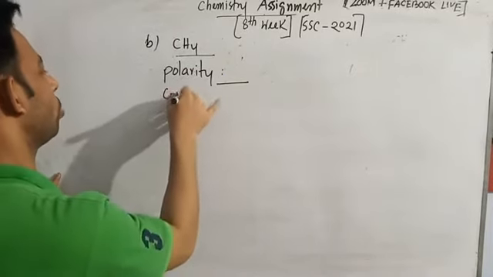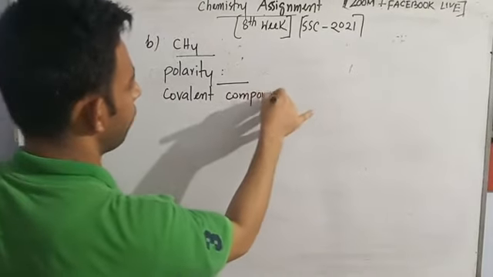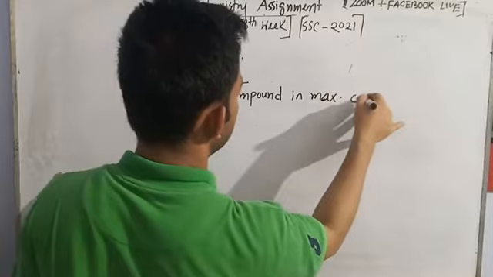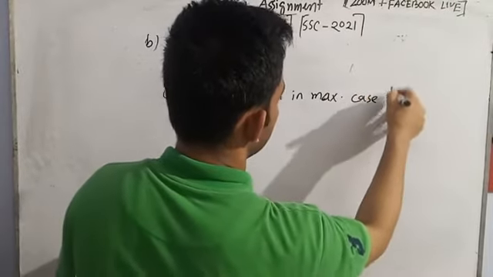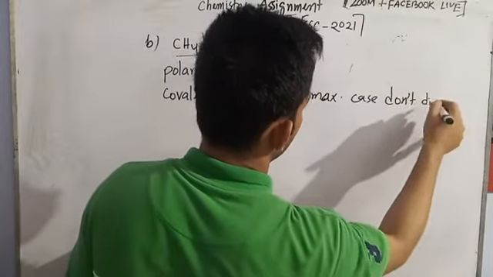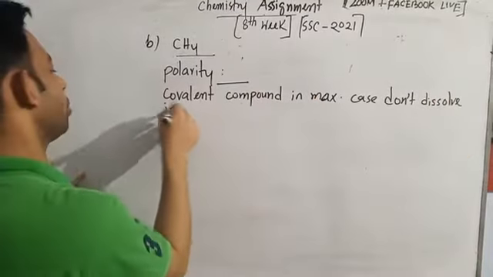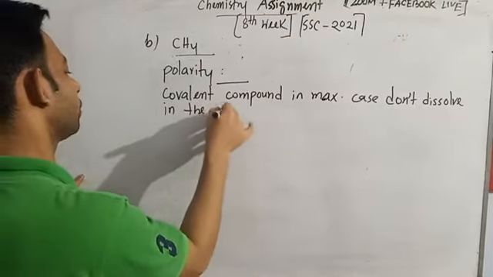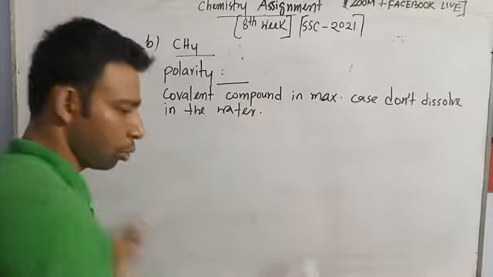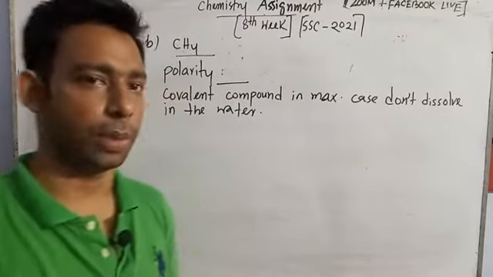Covalent compounds in most cases do not dissolve in water. Exceptions also exist: sucrose and glucose are also covalent compounds, and they dissolve in water.